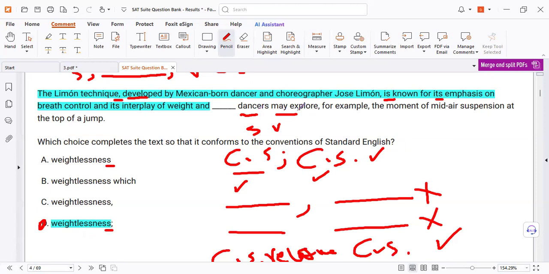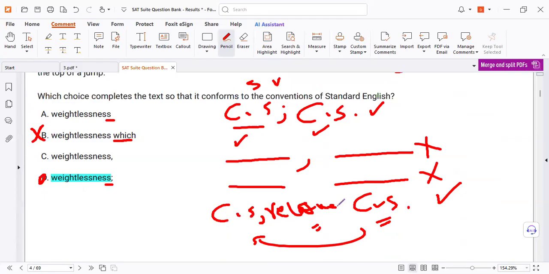So dancers may explore weightlessness or explore the moment of weightlessness. So the relative pronoun does not connect the following sentence to the preface. So the use is wrong. Grammatically it is correct to use the relative pronoun to connect two complete clauses, but the meaning is wrong.